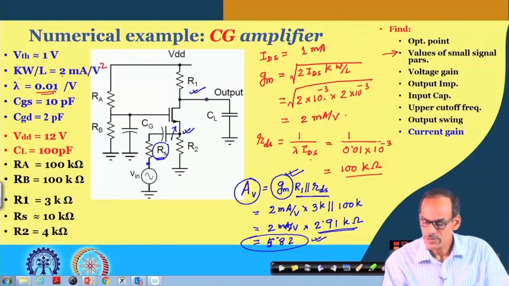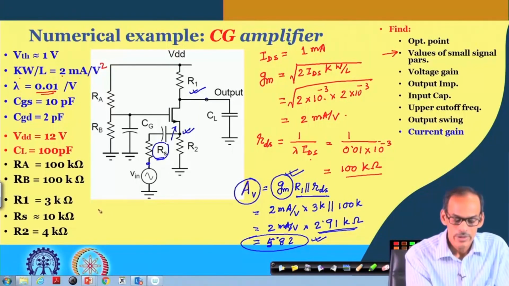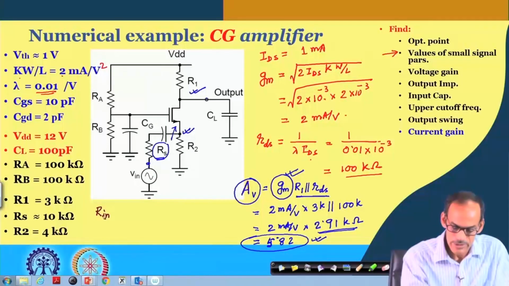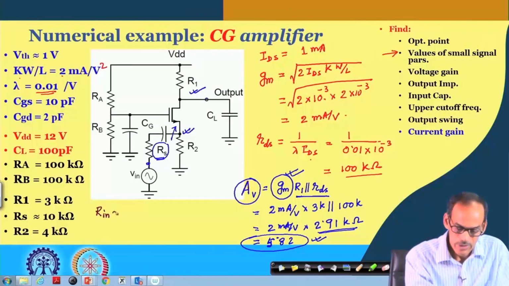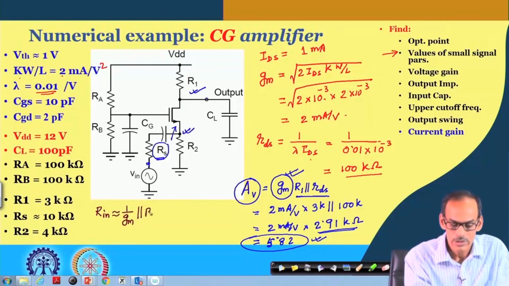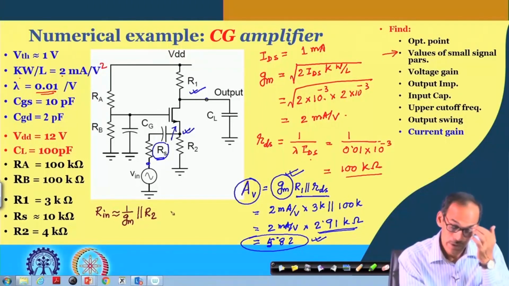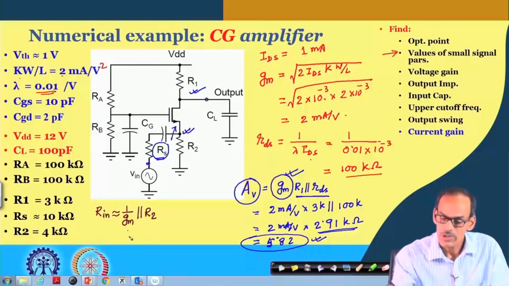So, Rin you can well approximate by 1 by Gm in parallel with R2, and this Gm we already have obtained.